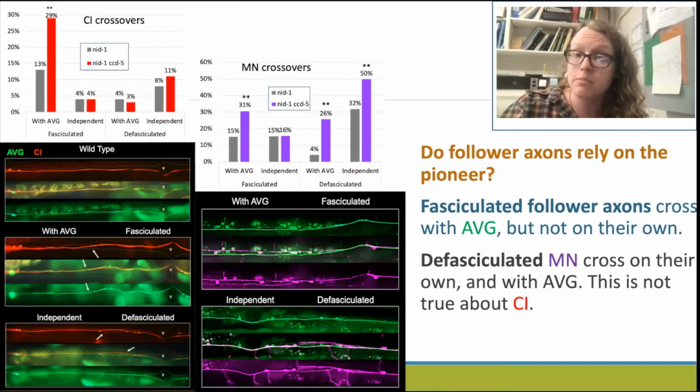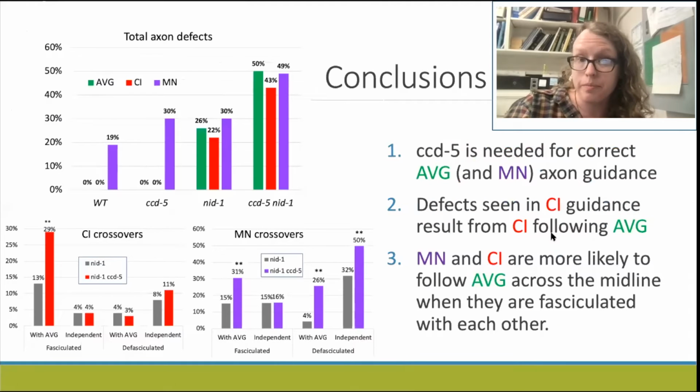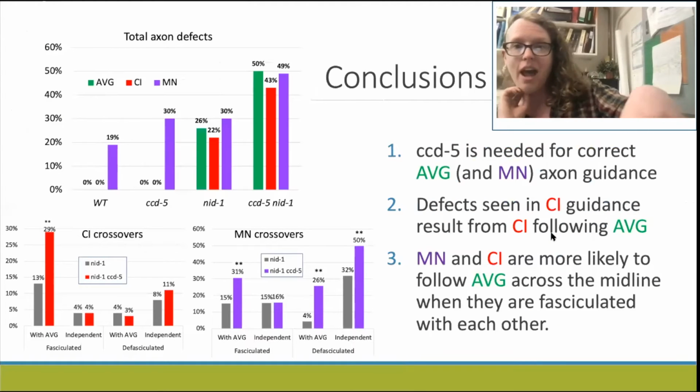And that brings us back to what we saw earlier with the motor neurons being affected directly by CCD5 when there was perfectly functional nitrogen 1. So what does it all mean? Yeah, brings us back to that.